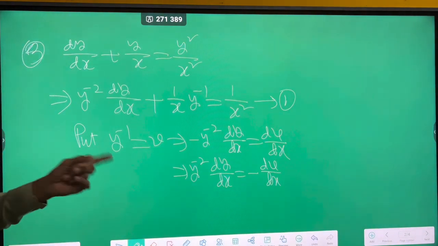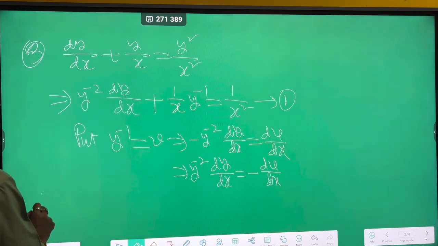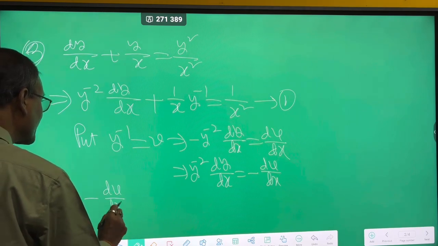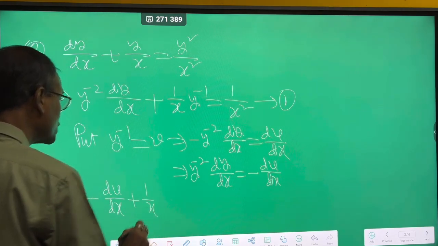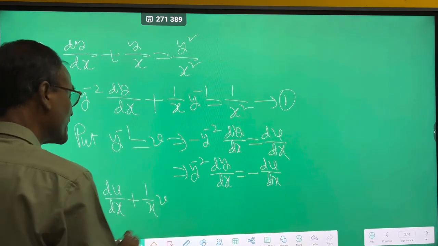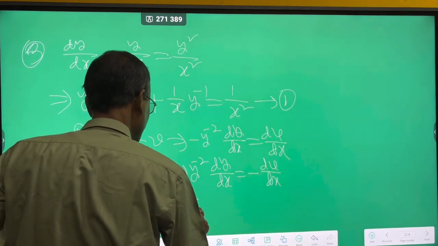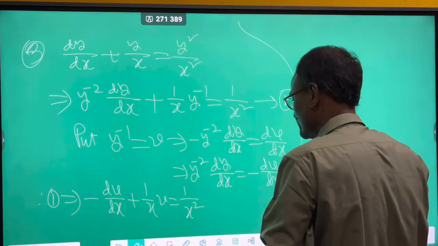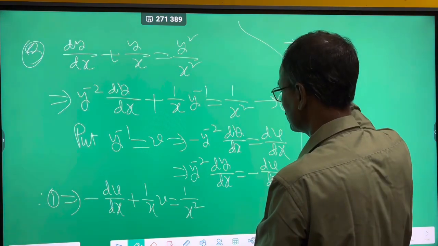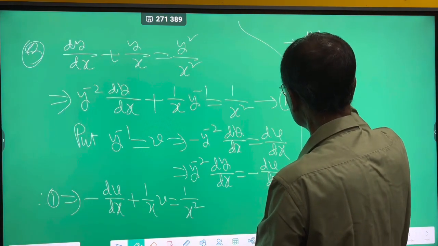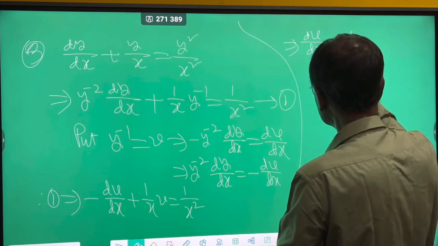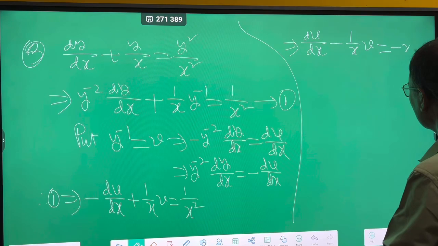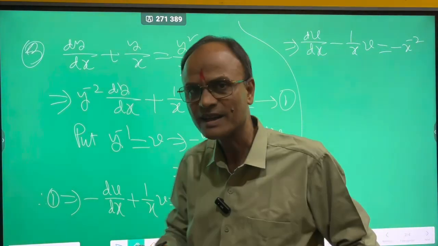Therefore, from 1 we get minus dv by dx plus 1 by x v equal to 1 by x square. Or you may write dv by dx minus 1 by x v equal to minus 1 by x square, or minus x to the power minus 2.